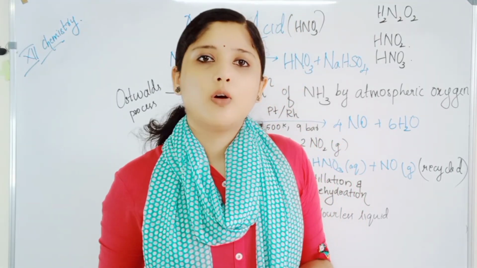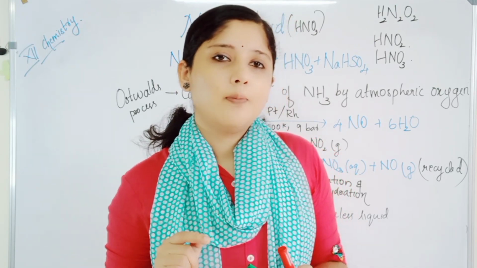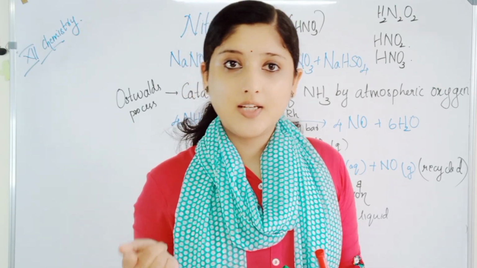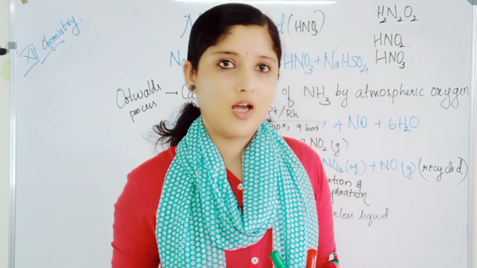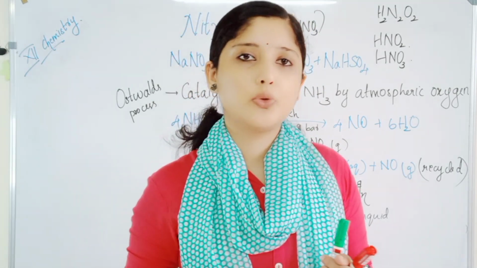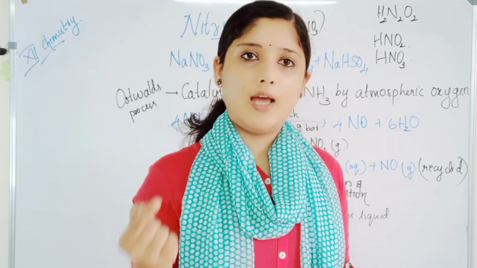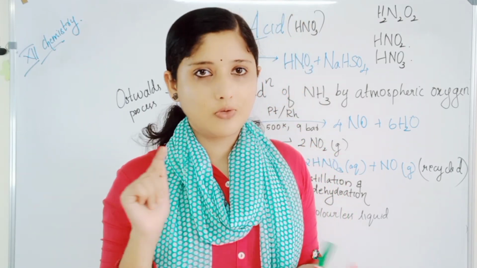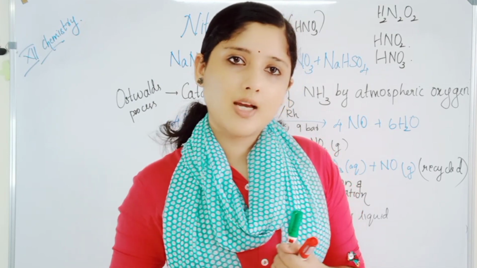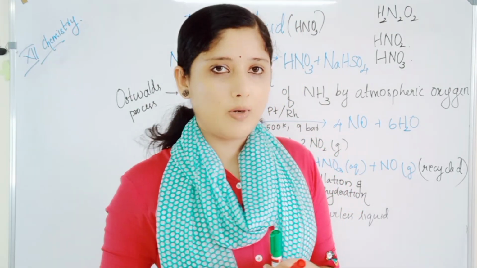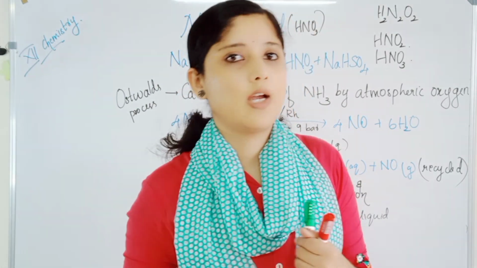Nitrogen forms oxo acids like hyponitrous acid, nitrous acid, and also nitric acid. Hyponitrous acid is H2N2O2, then nitrous acid is HNO2, and nitric acid is what? HNO3. Among these oxoacids of nitrogen, the most common and commercially used is what?